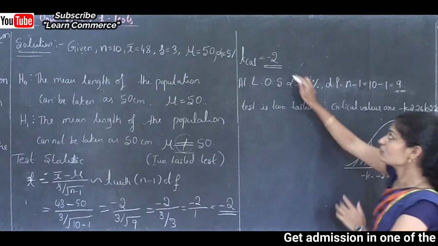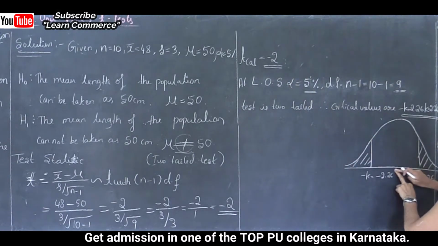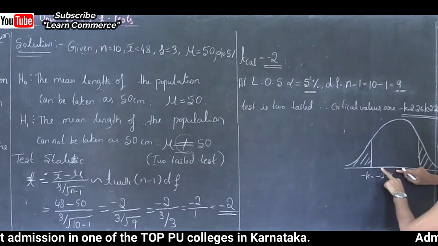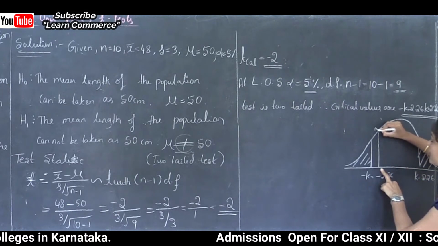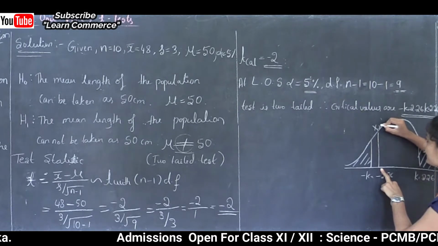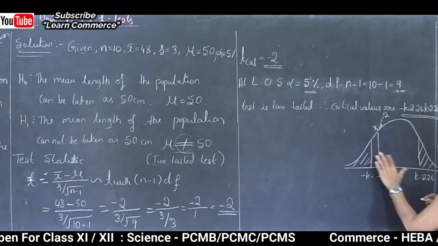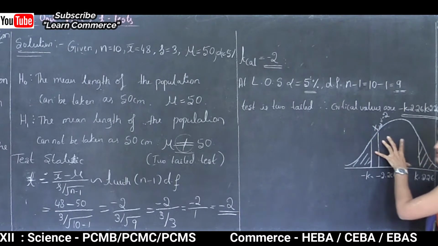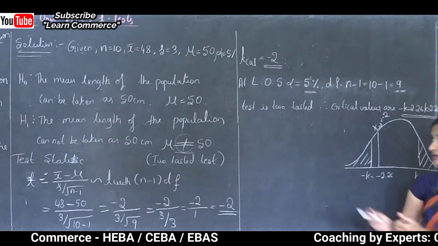Here the calculated value is minus 2. In this graph the central value is 0, so minus 2 comes here. This is the calculated value, denoted by T calculated, equal to minus 2. It lies in the acceptance region, therefore H naught is accepted.